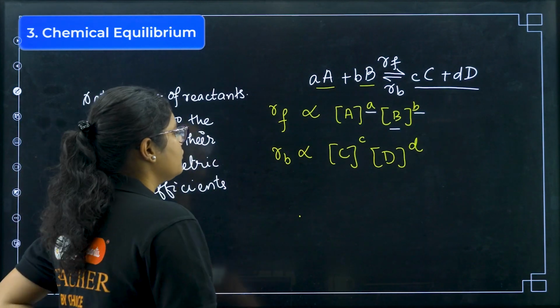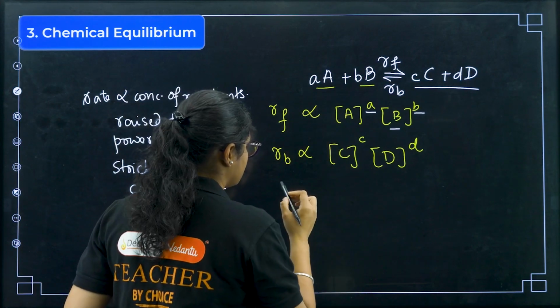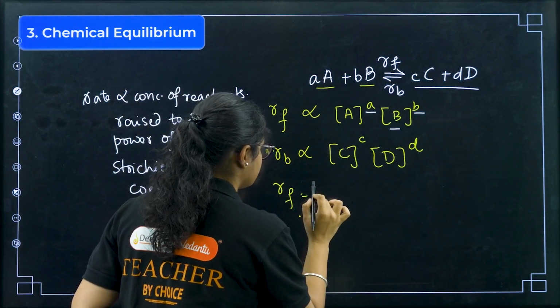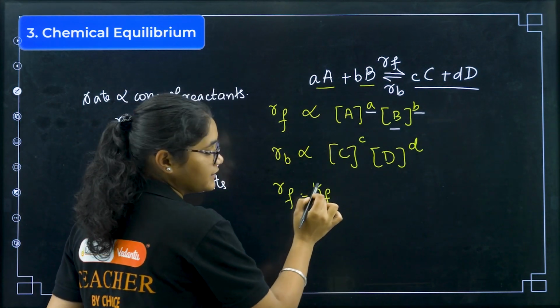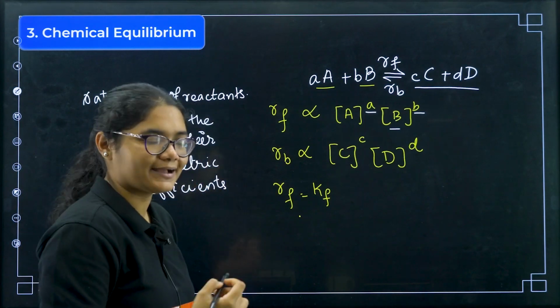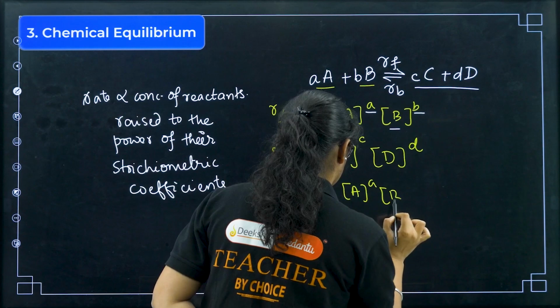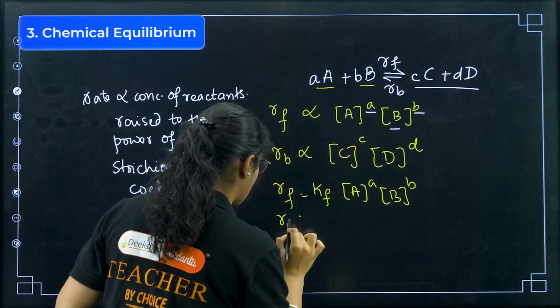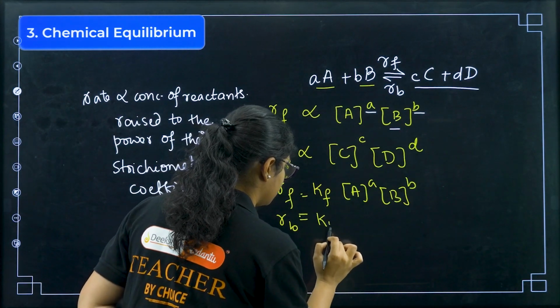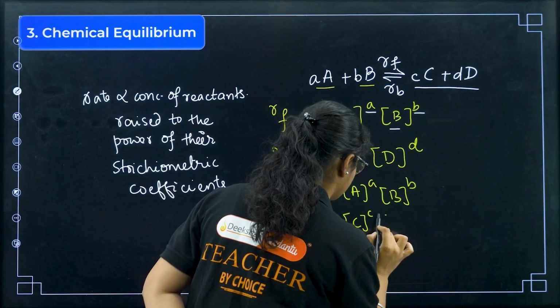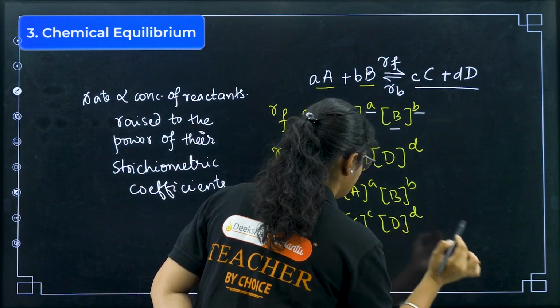Now to remove this proportionality, we can just multiply by a constant. Rf is equal to Kf, the rate constant of the forward reaction, times [A] to the power a and [B] to the power b, and Rb is equal to Kb times [C] to the power c and [D] to the power d, right?